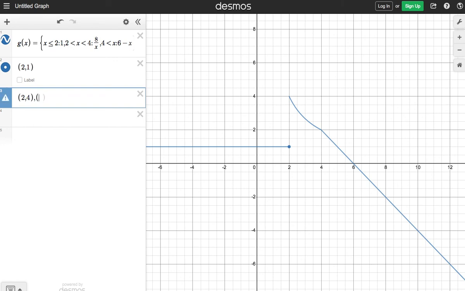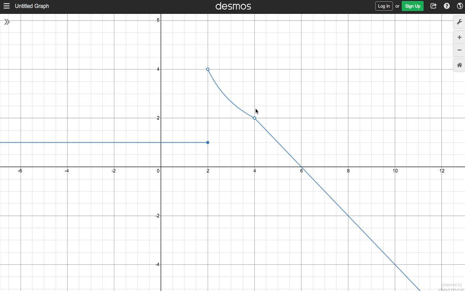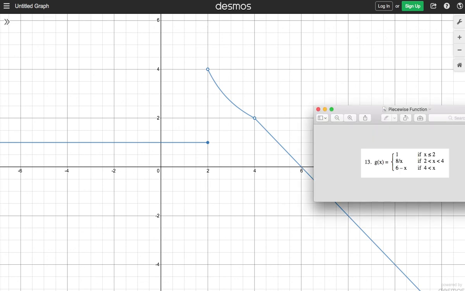So that other point is 4, 2. And it can just list another one over here for you. So I'd say, this is quite a bit. It's a long way to go, but this would be the graph for this function that appeared in question 13 in section 1.1.